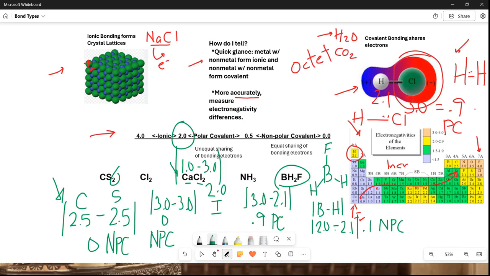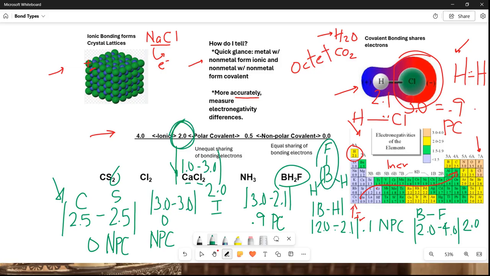But I also have boron bonded to fluorine, so that's going to be 2.0 minus 4.0, absolute difference, that's 2.0. Now again, is that ionic or polar covalent?